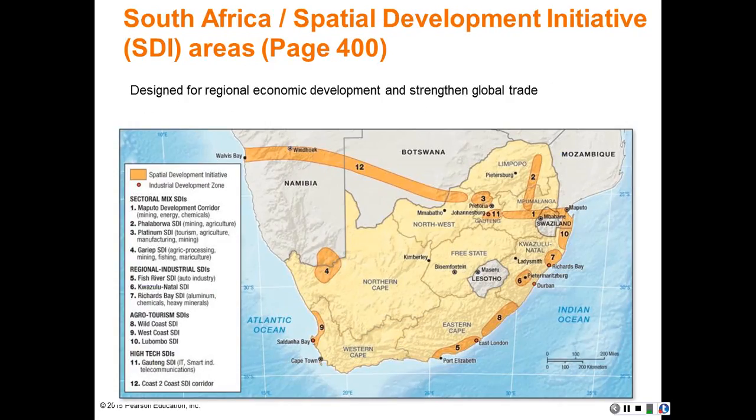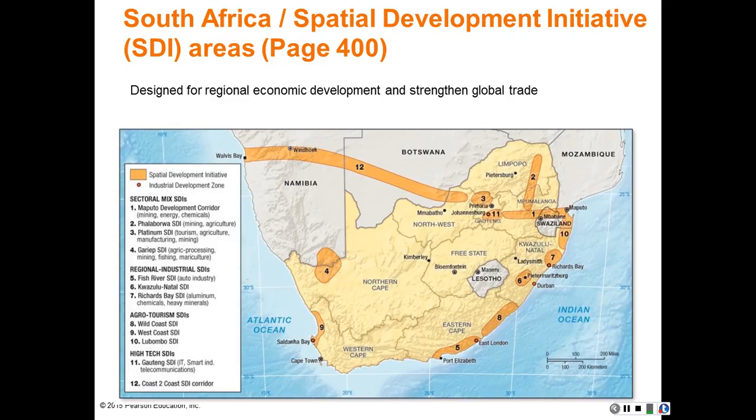More recently, there has been the Spatial Development Initiative, or SDI, areas. This map is on page 400 of your text. These areas were designed for regional economic development and to strengthen global trade.